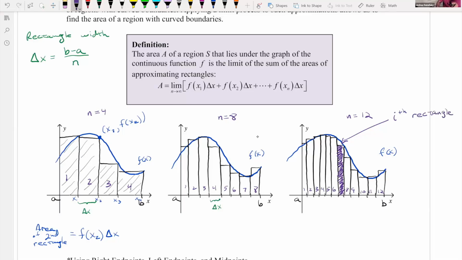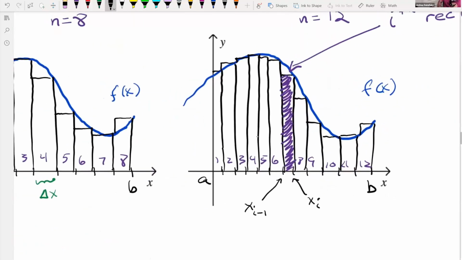And so this x value that we have right here is x sub i minus 1, and this x value is x sub i. And we call this little interval that I'm darkening in here the ith subinterval.